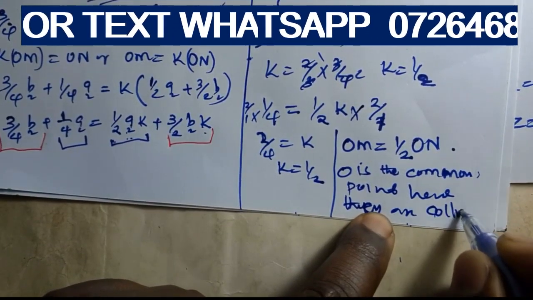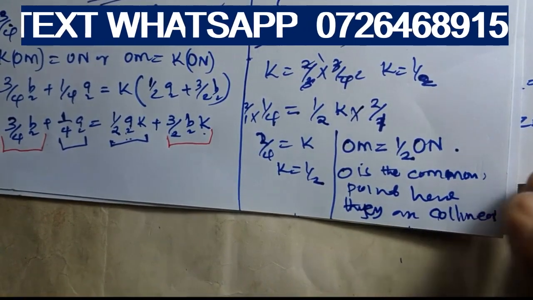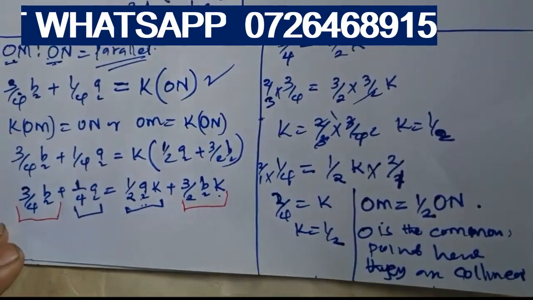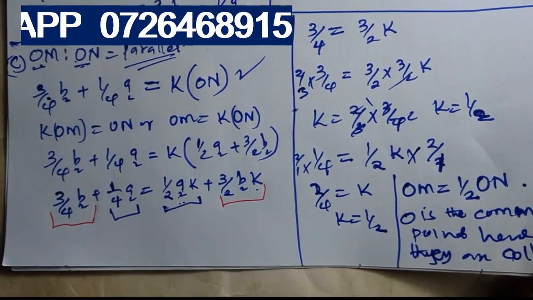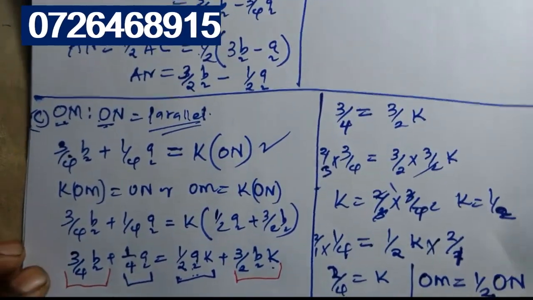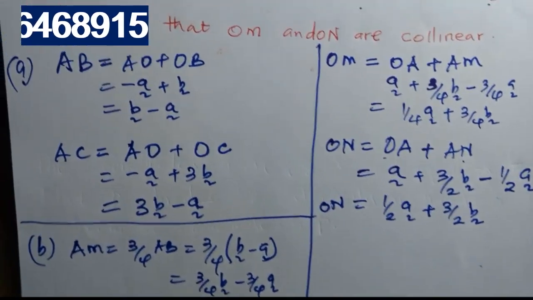So to show collinearity, you need to show that they are parallel. You can express one in terms of the other, and they are sharing a given point.